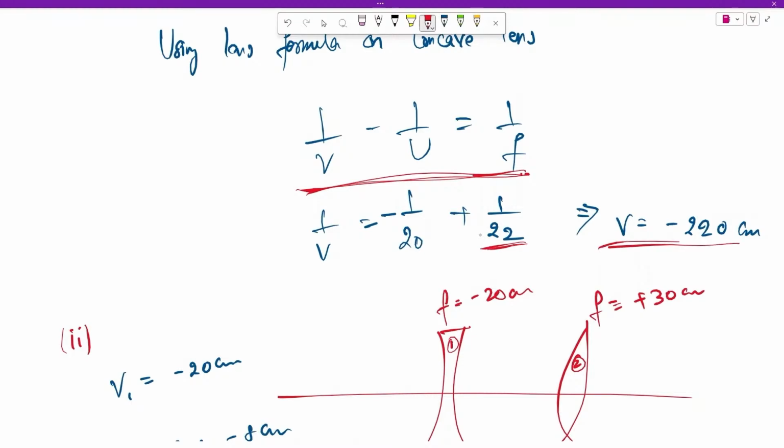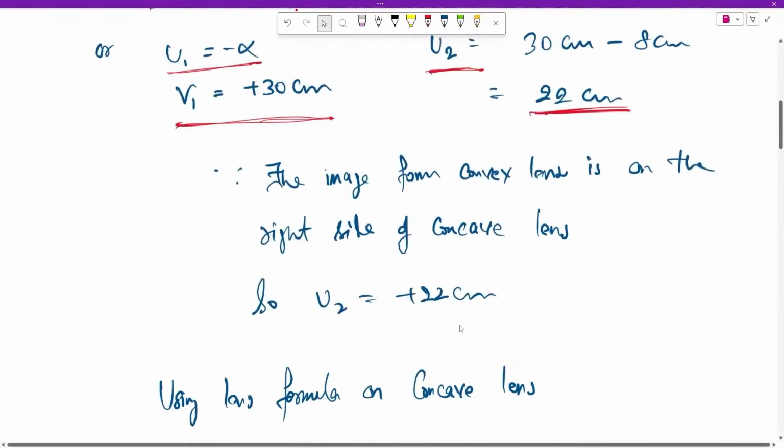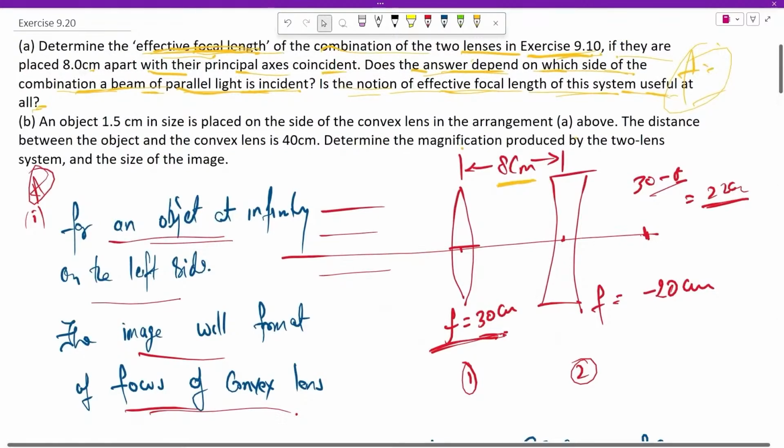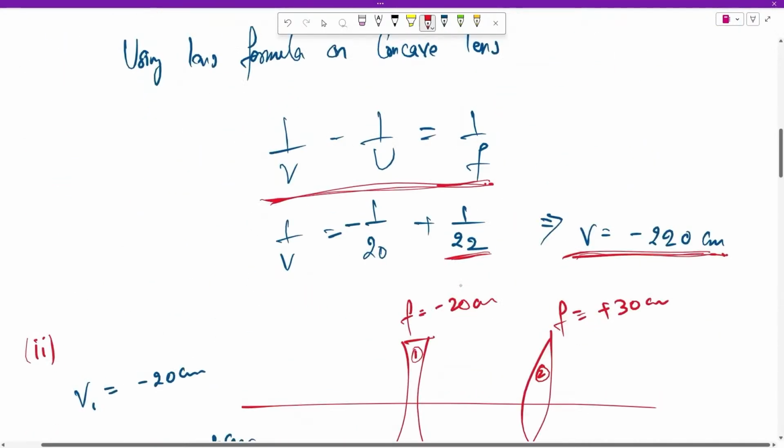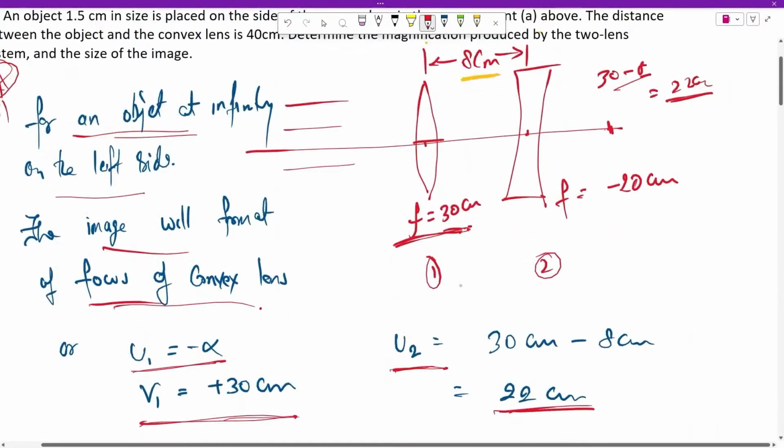So calculating this, we will get a value of v as minus 220 centimeter. So for this lens arrangement, when the object is at infinity, the final image will be forming at v equals minus 220 centimeter on the left hand side of this lens.